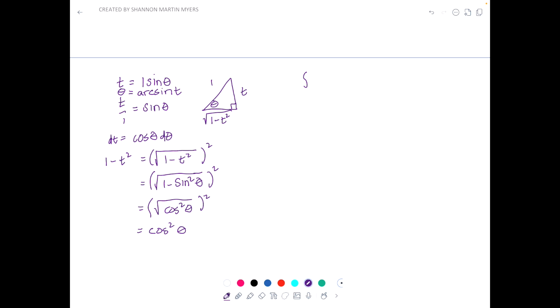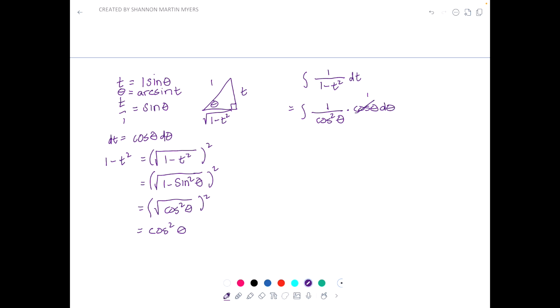Okay, so now the indefinite integral will be, we had 1 over 1 minus t squared dt. That is equal to the integral of 1 over cosine squared theta, and then dt was cosine theta d theta.